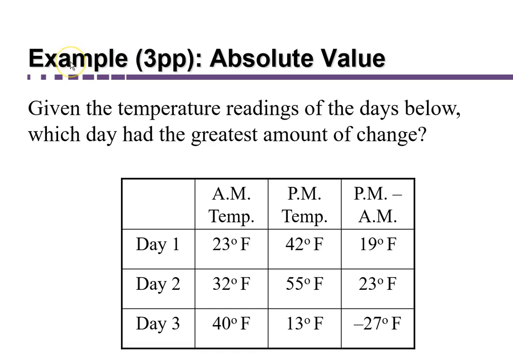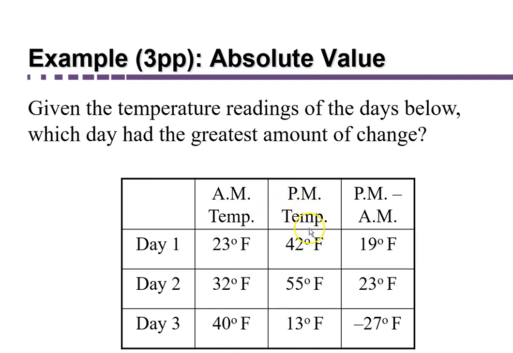So again, in your notes, you're going to write example 3PP, indicating it's from our PowerPoint slides. Here we have a given temperature reading of the days below. Which day had the greatest amount of change? So we had AM temperatures were this, that's morning.